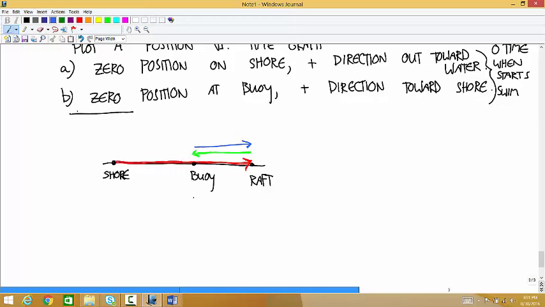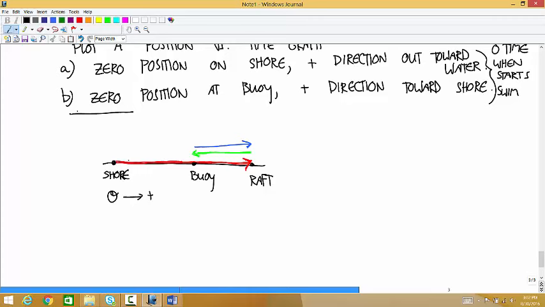these positions are numerically. So for part A, where's the zero position chosen? The shore. So the shore here is the origin, the zero position. And the positive direction is to the right.